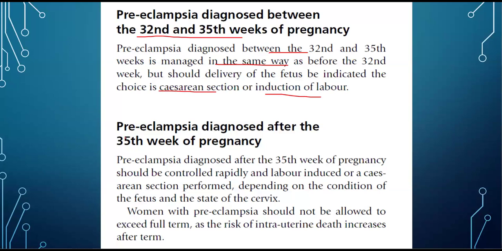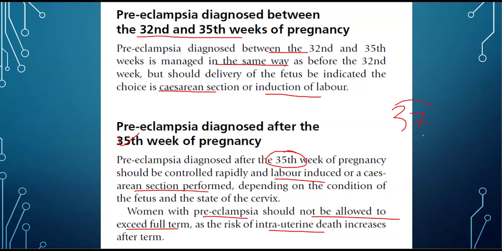What about after 35th week of pregnancy, patient has got preeclampsia? If preeclampsia is diagnosed after 35 weeks, especially severe preeclampsia, then you can go for induction of labor or C-section. Women with preeclampsia should not be allowed to exceed full term because risk of intrauterine death is really high after term.